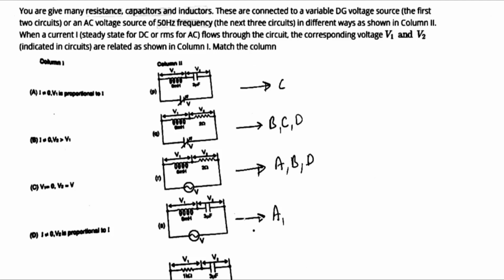B, I is not equal to 0 and V2 is greater than V1, that is also correct. And I is not equal to 0 and V2 is proportional to I, so D is also correct, C is wrong. Okay, A, B and D.